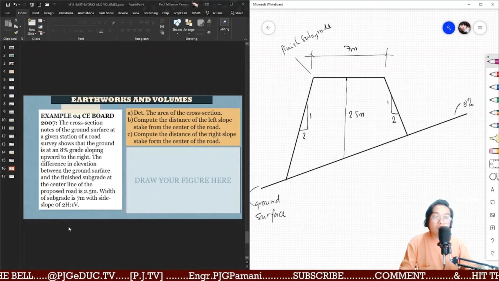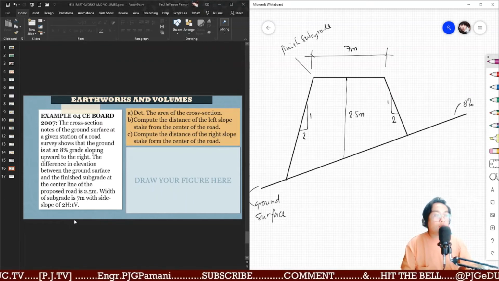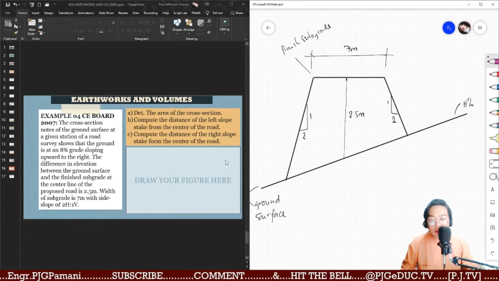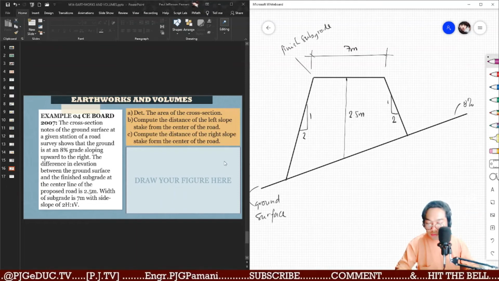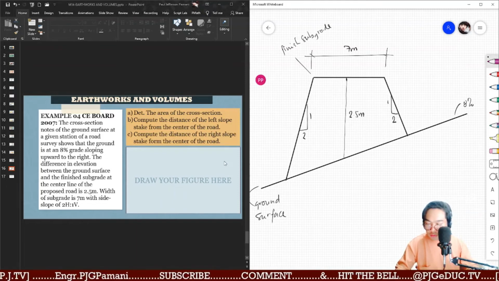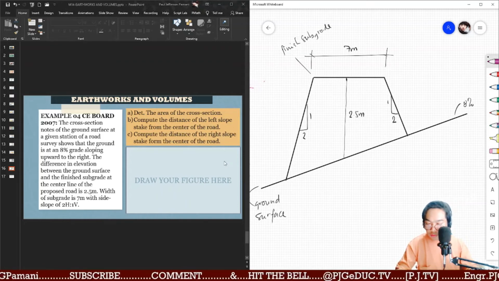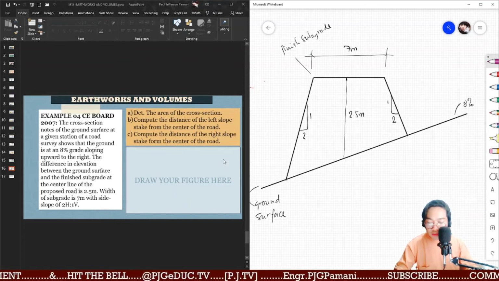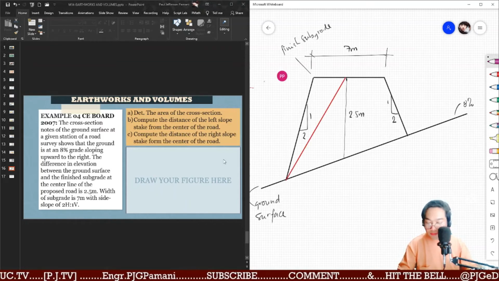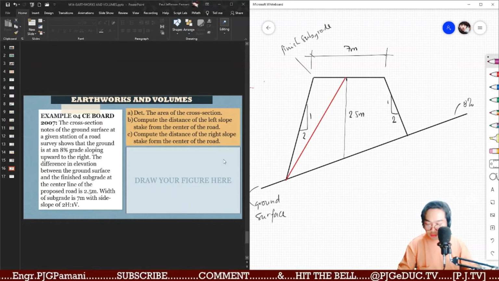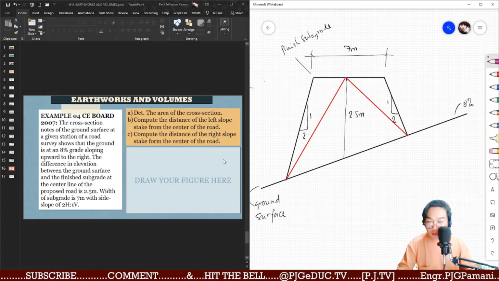Now, how are we going to solve this? Paano natin isosolve yan? Yung tinatanong niyang area, basically yan lang yan, trapezoid, hatiin nyo na lang into multiple section. So if you're going to subdivide it into multiple section, eto na yun. Just say this is your area 1.